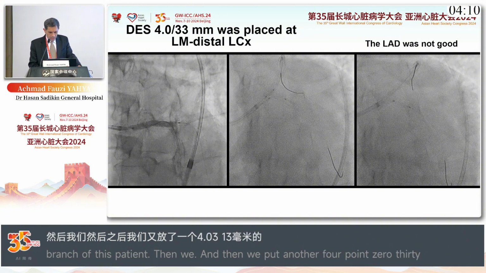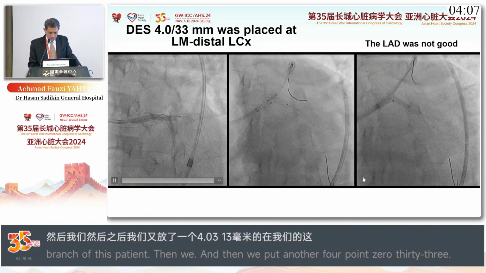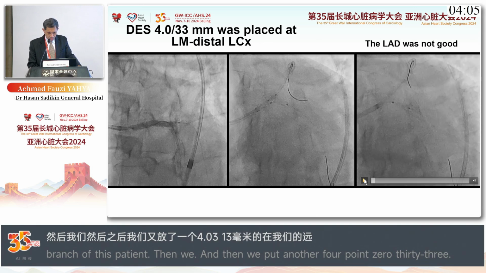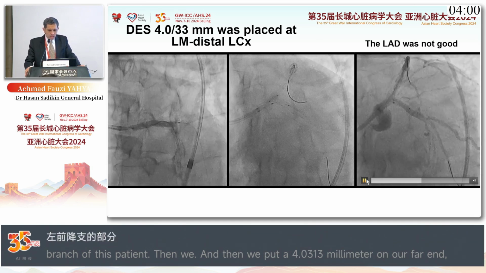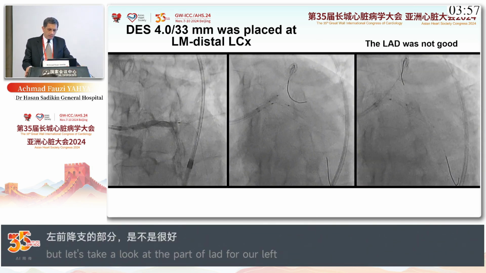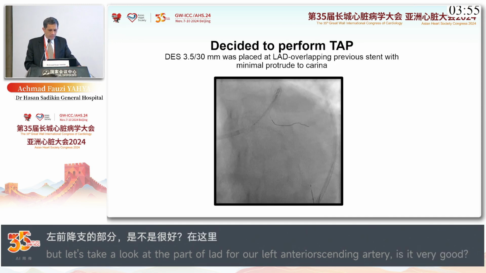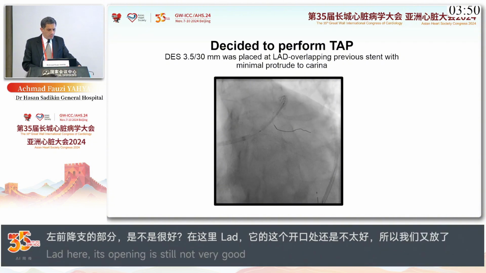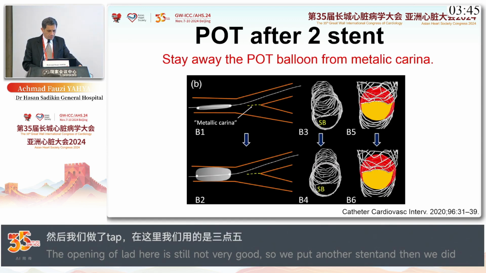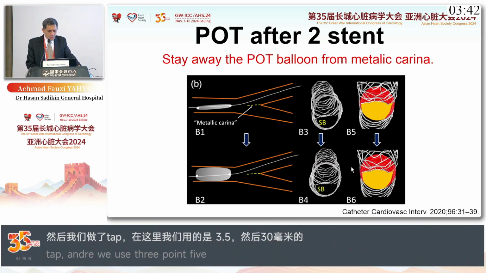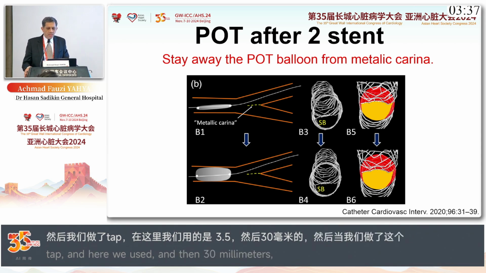But look at the LAD. We still have some problem, the ostial LAD is not good. So we put another stent. We decided to perform TAP using a 3.5 by 30 millimeter stent. And when you are doing the two-stent technique and perform POT, stay away with the balloon from the carina side.